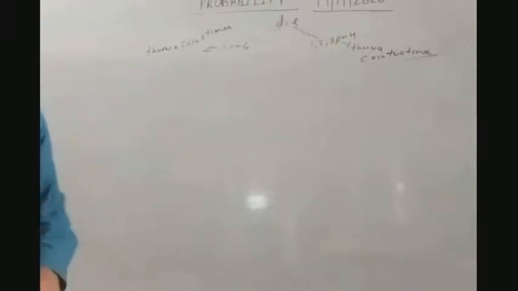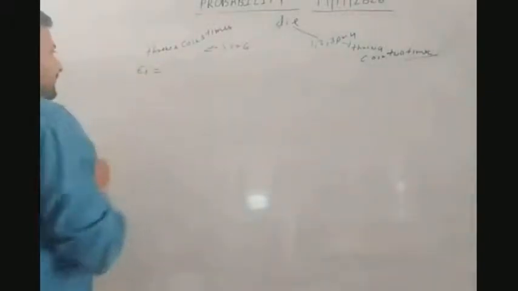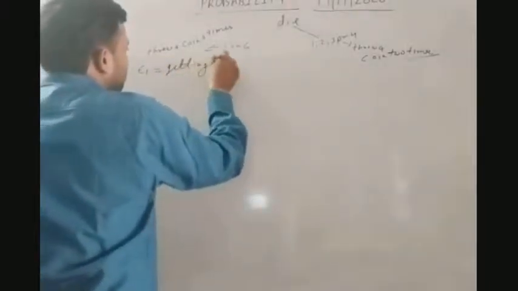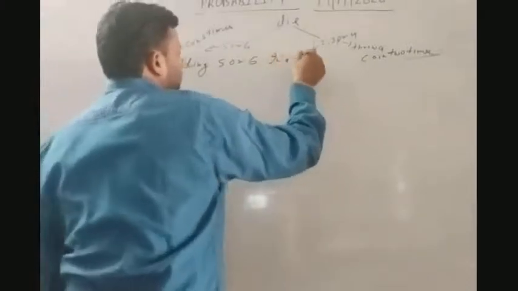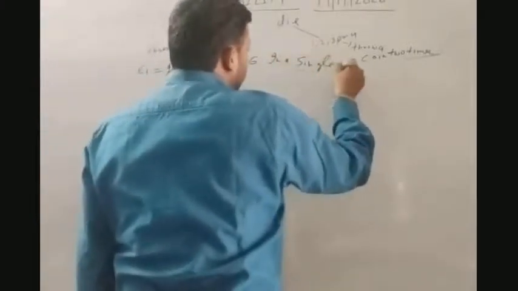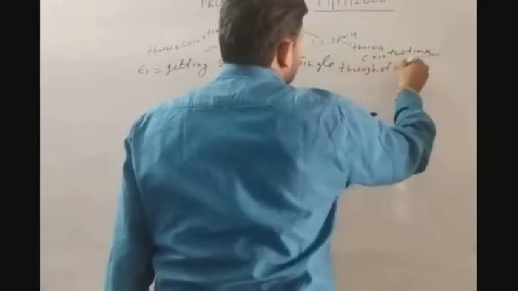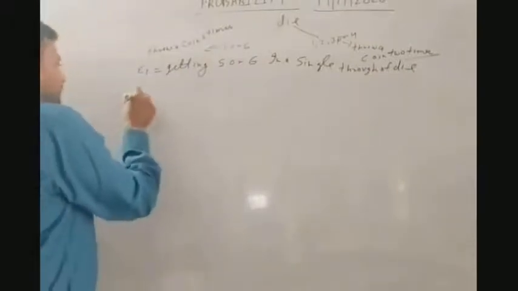And so our first event is what? E1 is getting 5 or 6 in a single throw of die. Okay, and event E2 is what?